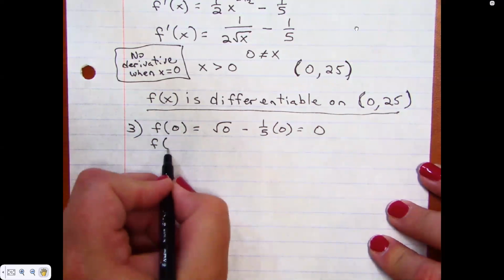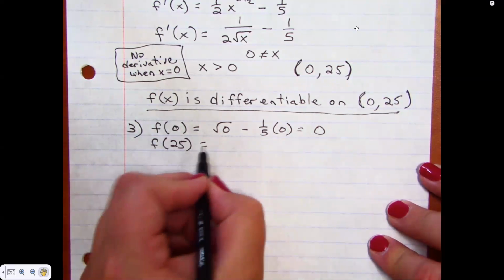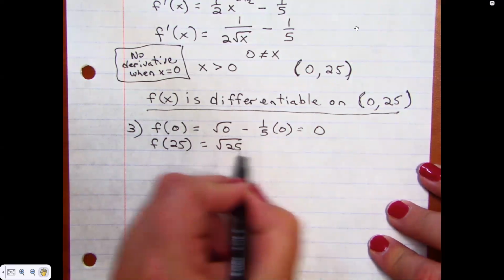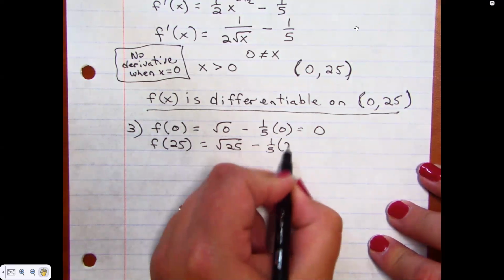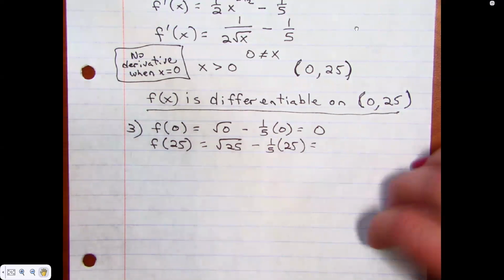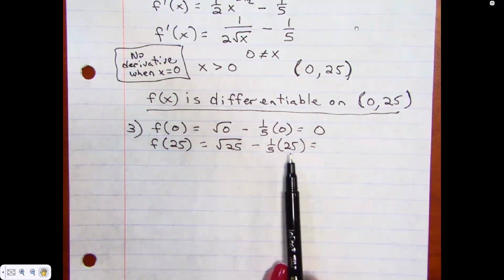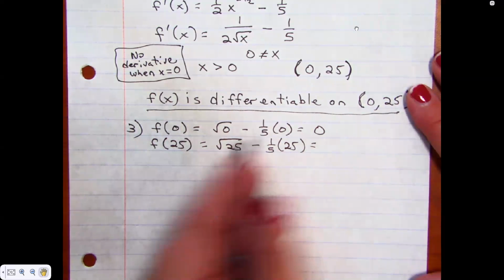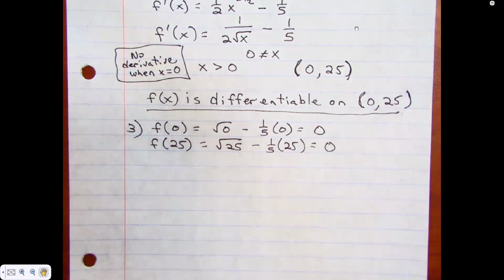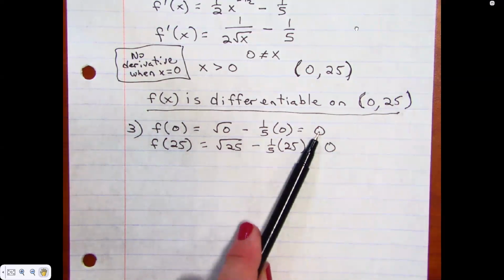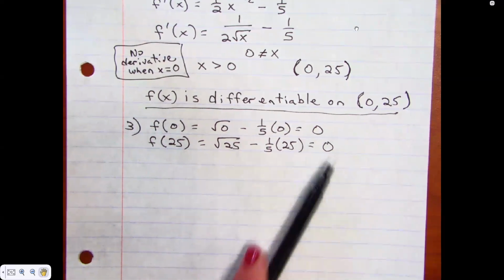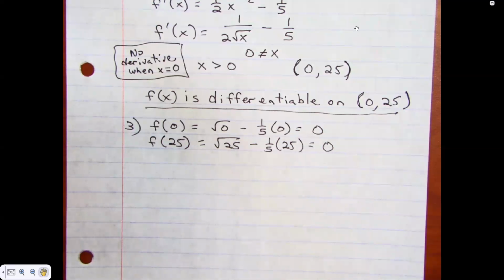How about f of 25? The square root of 25 minus 1/5 times 25. Sure enough, this gives us 5, and this gives us 5. So 5 minus 5 takes us to 0. This number can be anything, this one just has to match it. You just have to make sure they're the same.